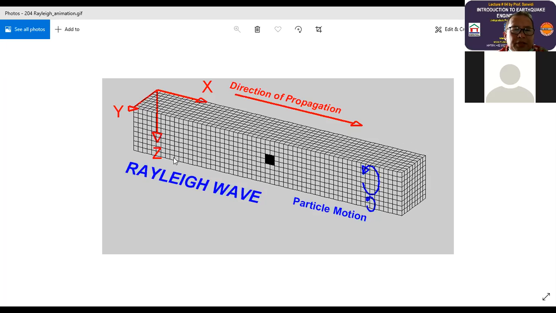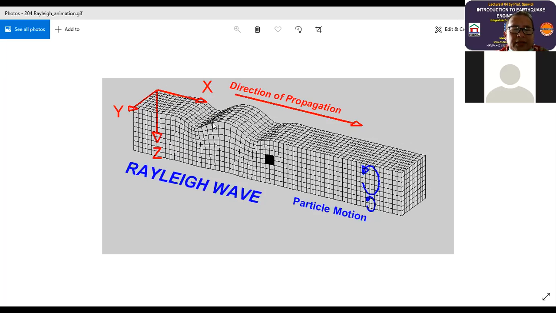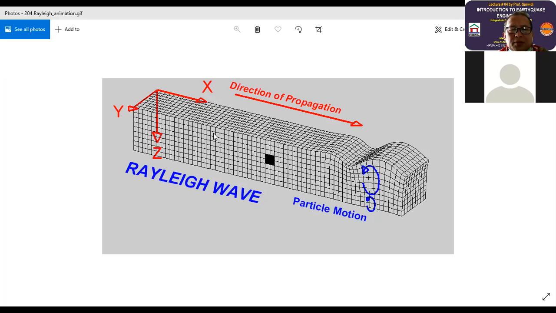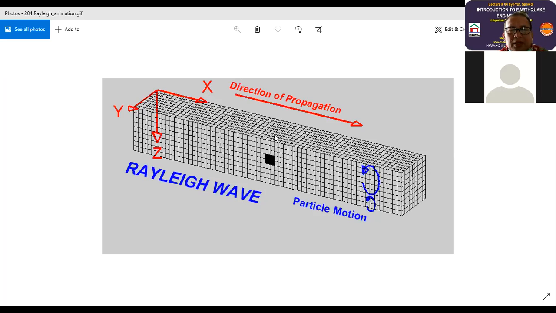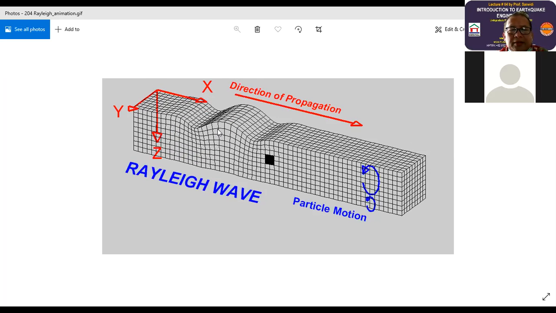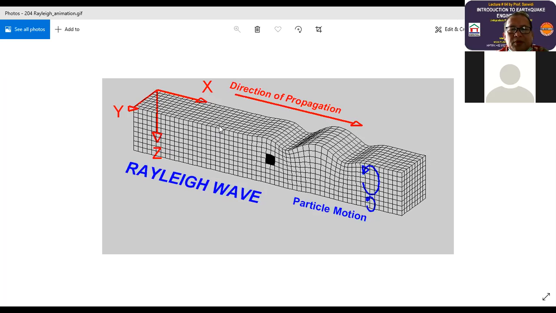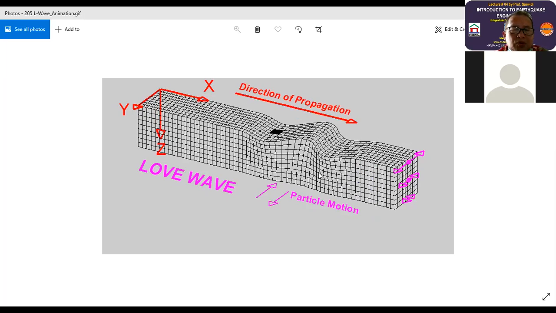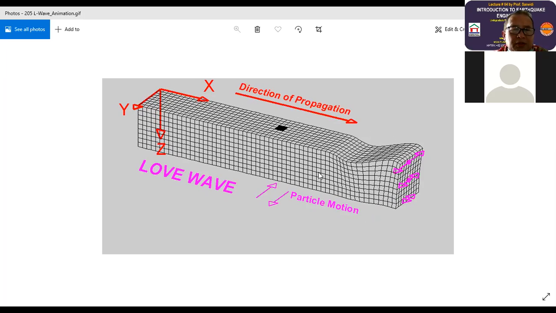So there are three dimensions: Z, Y, and X. It moves like a caterpillar, going in a circling motion. This is the most destructive wave.